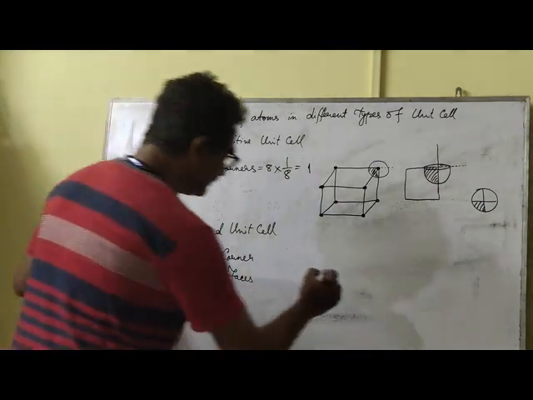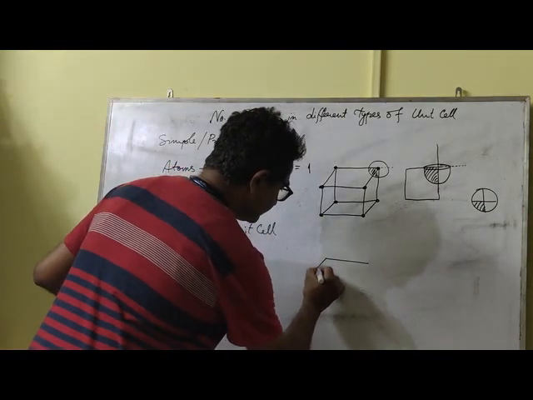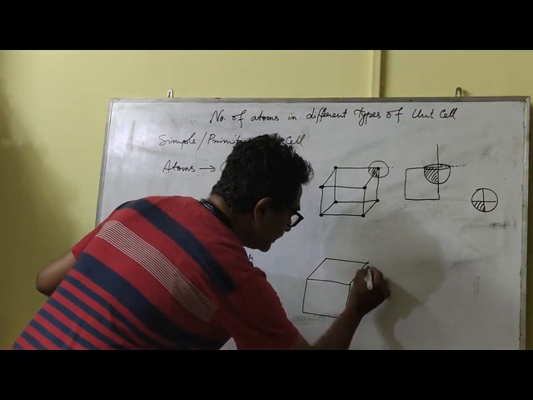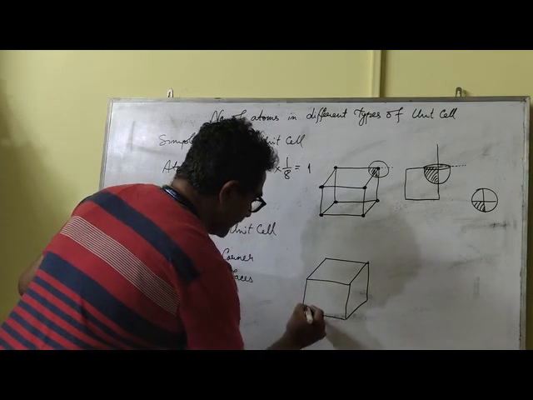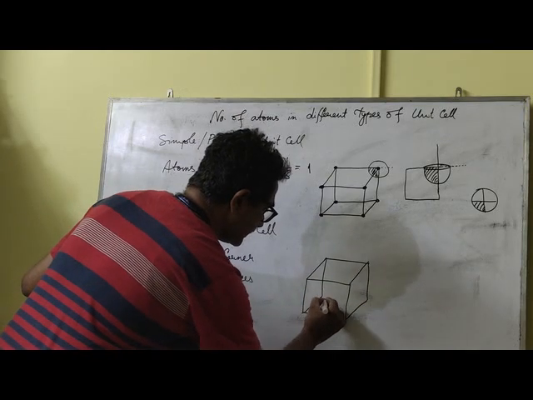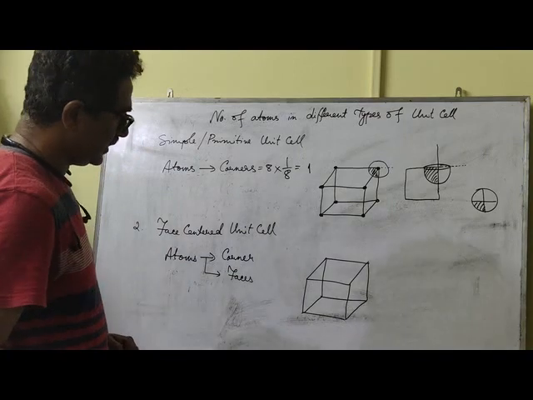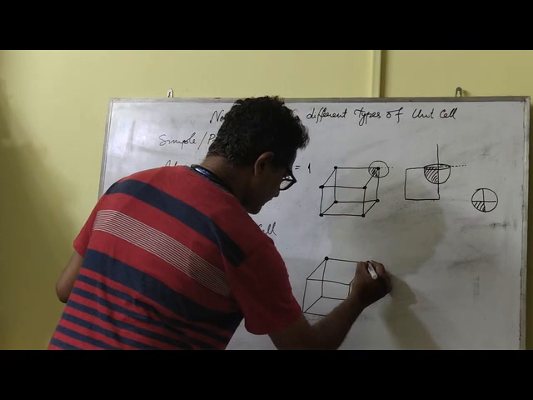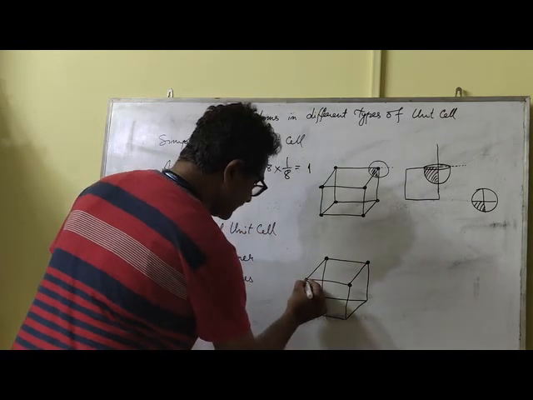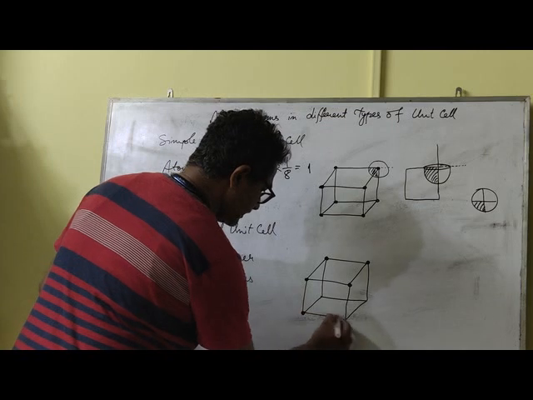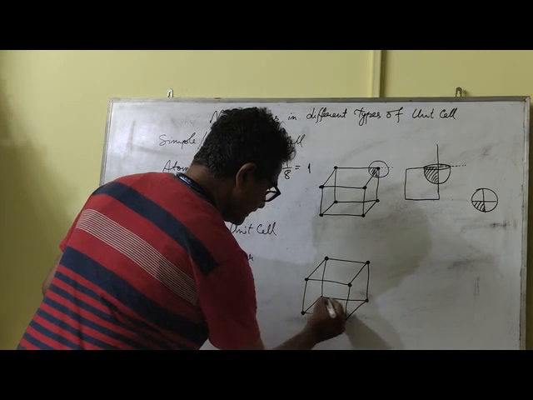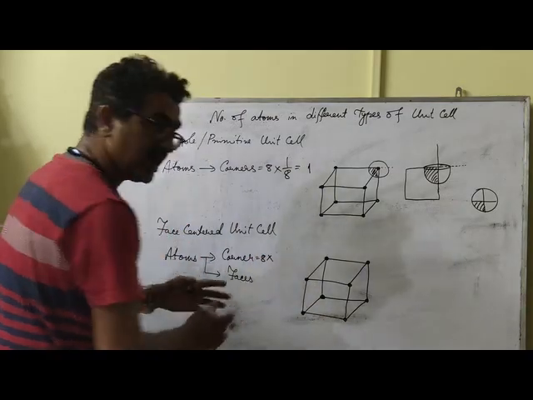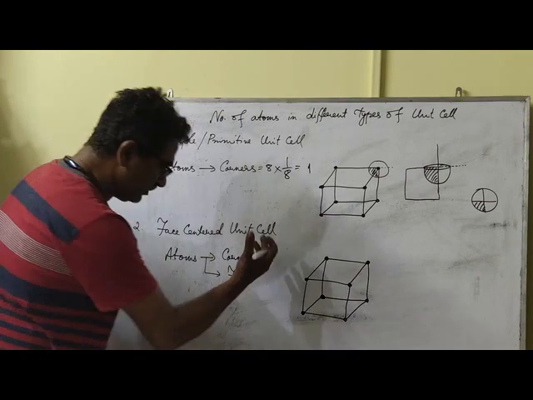So if we draw this, let me draw this unit cell, that is a cube, and we have the atoms in the corners as usual, like this. So we have 8 corners, and each of these corners have 1/8 part of the atom in it.